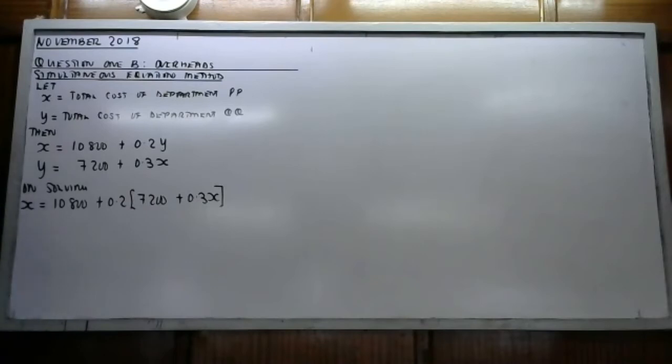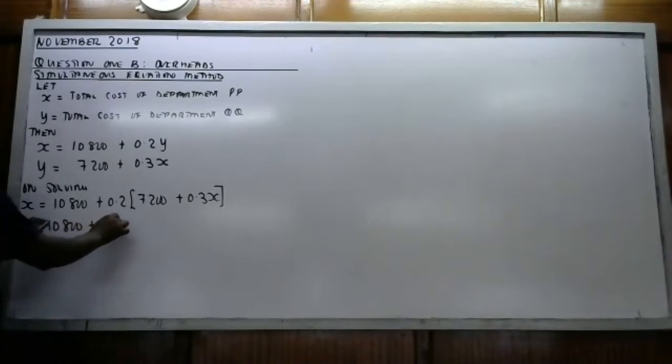So X is then 10,800. If you take your calculator, you will get 0.2 times 7,200 is 1,440.